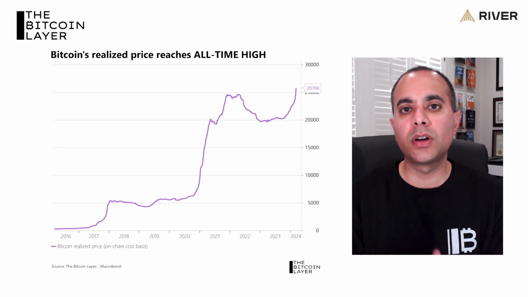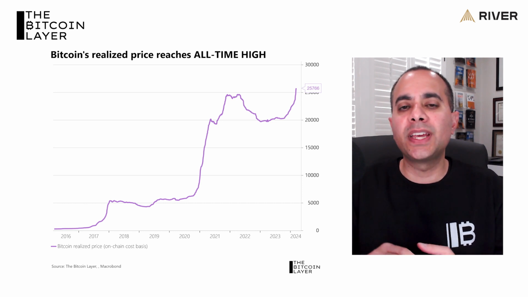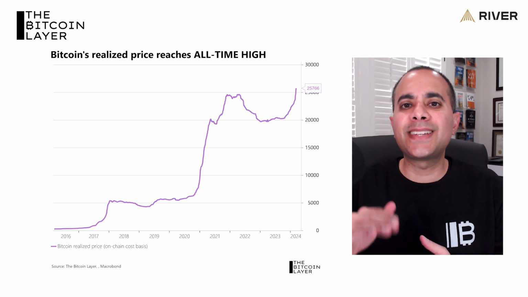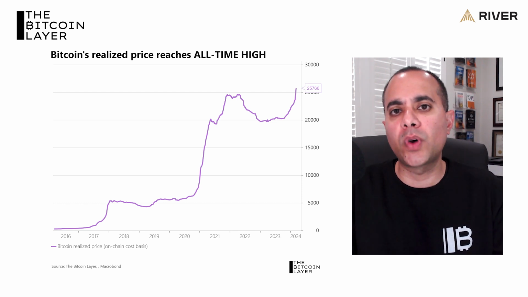Now let's look at a chart of Bitcoin's realized price. And what you notice is that Bitcoin's realized price actually moves in a somewhat stepwise function, not this extremely volatile way in which market price moves.